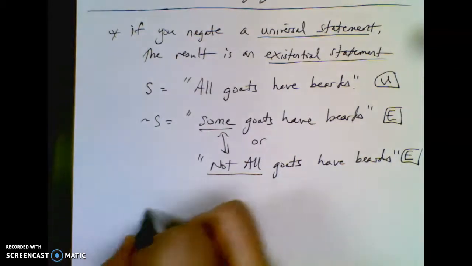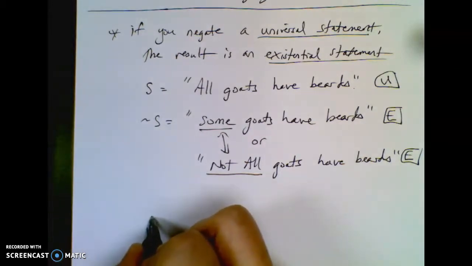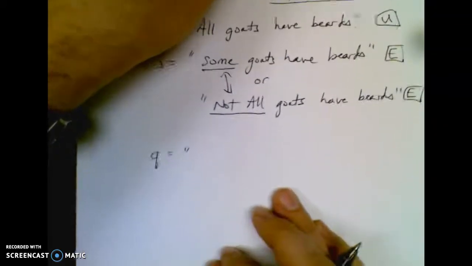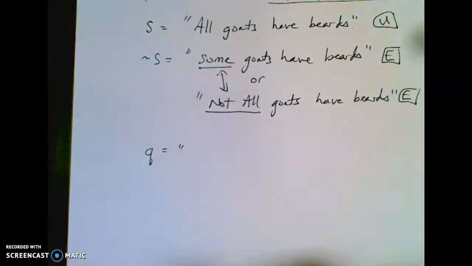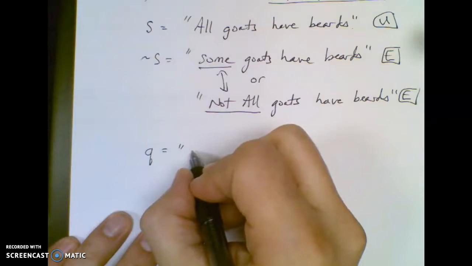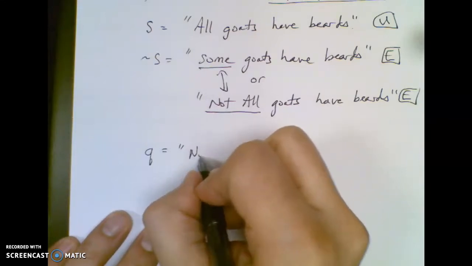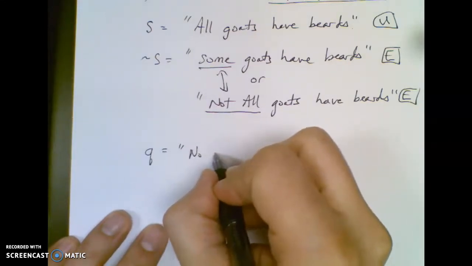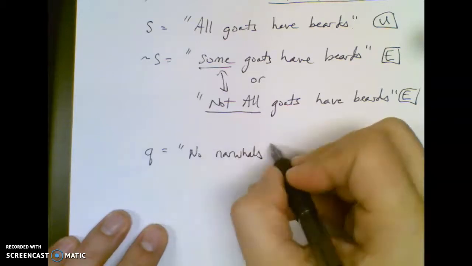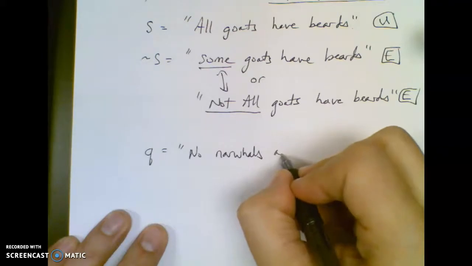So here's another one. Let's make this statement Q. I just like to name them because later on we're going to use the symbols and stop writing everything out. How about, no narwhals are gray?